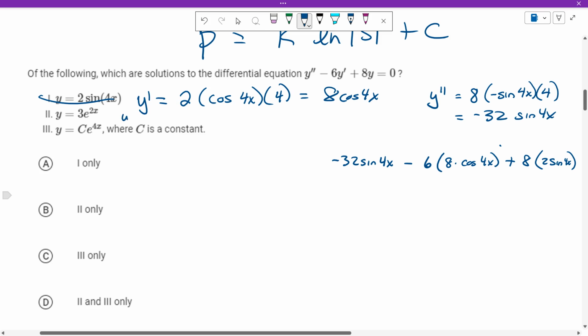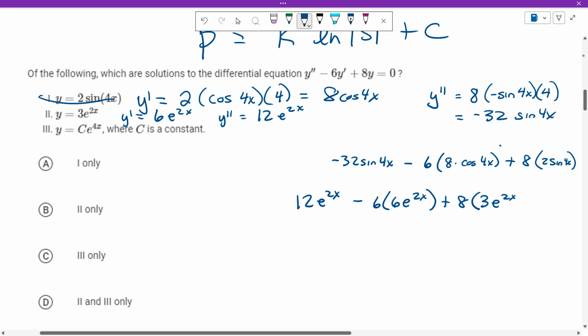First derivative of the second one is 3e to the 2x times 2, or 6e to the 2x. Second derivative of that is 6 times e to the 2x times 2, or 12e to the 2x. So then you take 12e to the 2x minus 6 times 6e to the 2x plus 8 times 3e to the 2x.